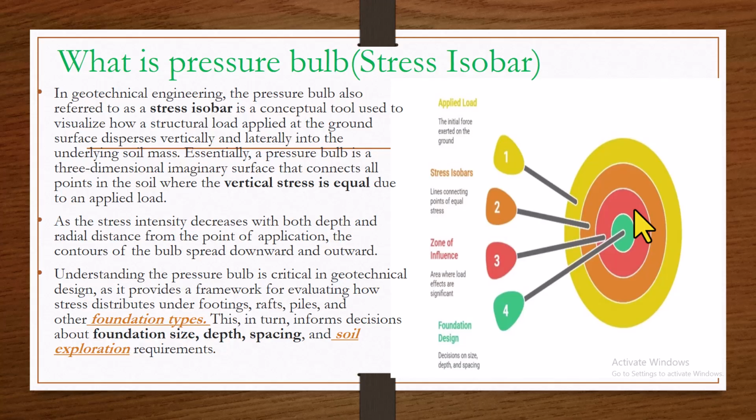It is the area where load effects are significant. Alright. Then the green color is the foundation design. This is where you now determine your decisions on size and depth. Yes, because depth is also very important, and it comes from the pressure bulb.